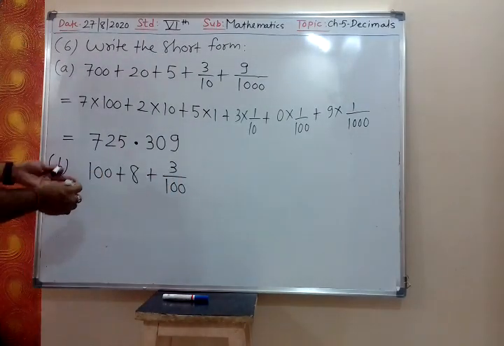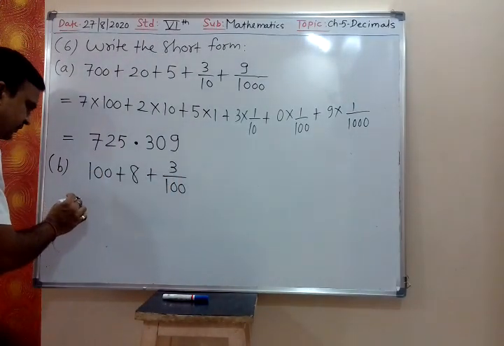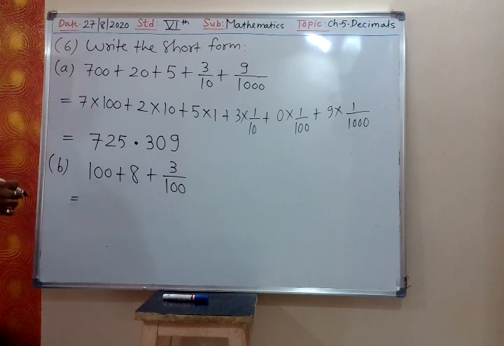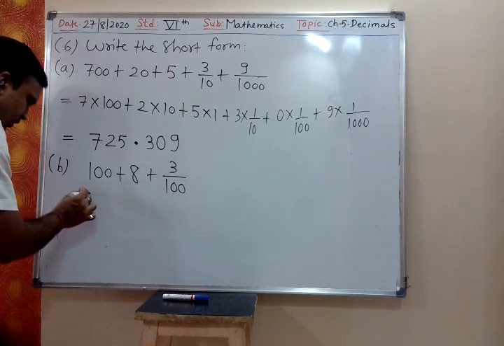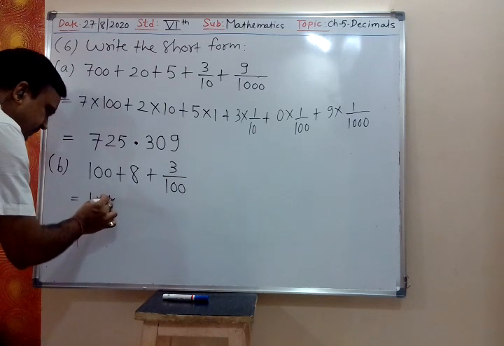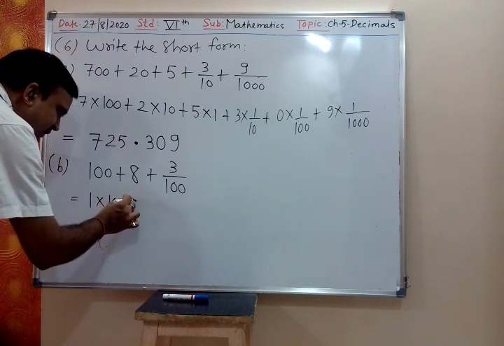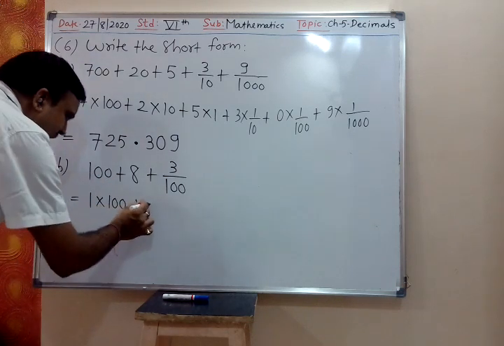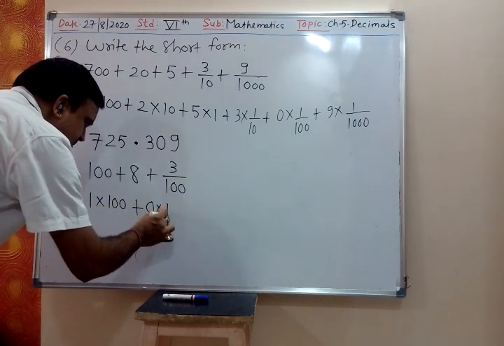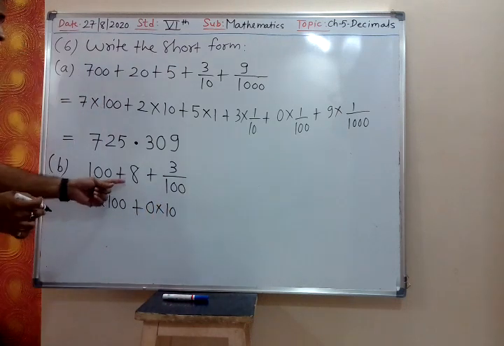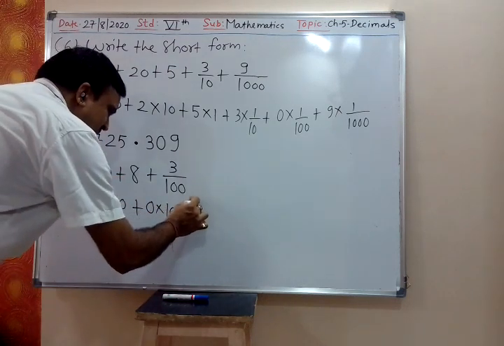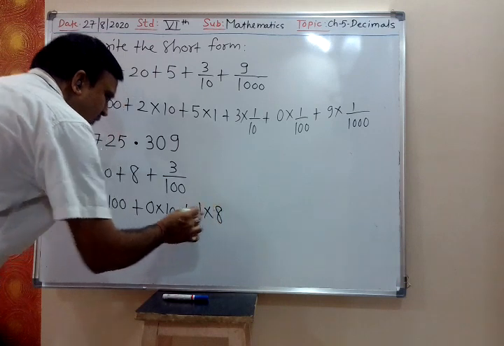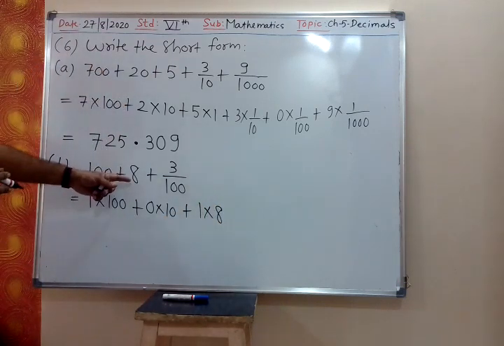Now this 100 is 1 into 100. After this there is nothing, so 0 multiplied by 10, plus 1 multiplied by 8.